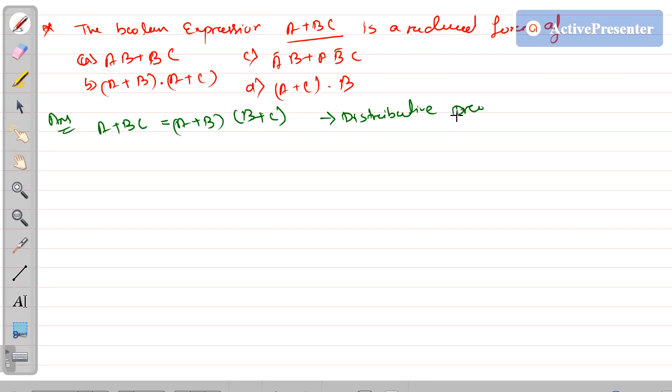If you remember the property, then you can directly write the answer. Otherwise you can check from here also. So the answer is this one.